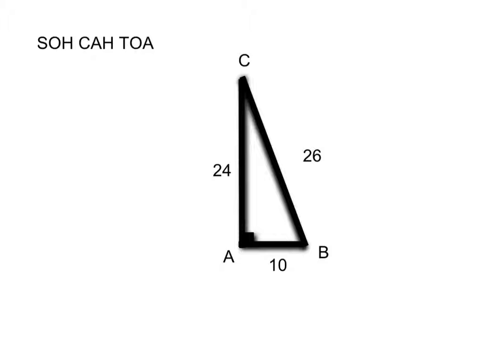So let's say on this one, if I asked you, what was the sine of C? So we have to look here, and we're dealing with our C here. Our sine is opposite over hypotenuse. This is the one that's right next to it, that's the adjacent. The opposite would be 10 over 26.